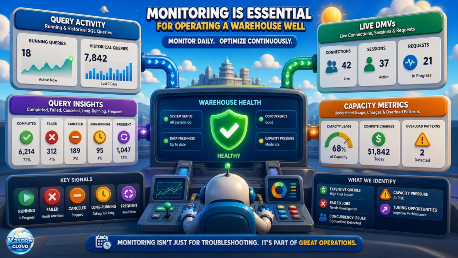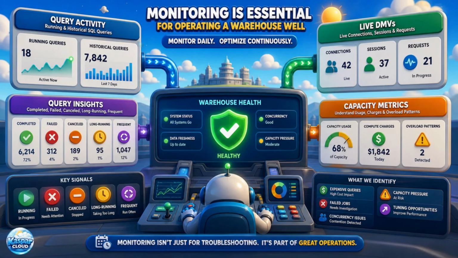Monitoring and observability are essential for operating Microsoft Fabric Data Warehouse effectively in enterprise environments. Fabric provides tools such as query activity, which displays running and historical SQL query execution details, and query insights, which helps analyze completed, failed, canceled, long-running, and frequently executed queries. Dynamic management views, commonly referred to as DMVs, provide additional operational visibility into sessions, requests, connections, execution state, and workload behavior.